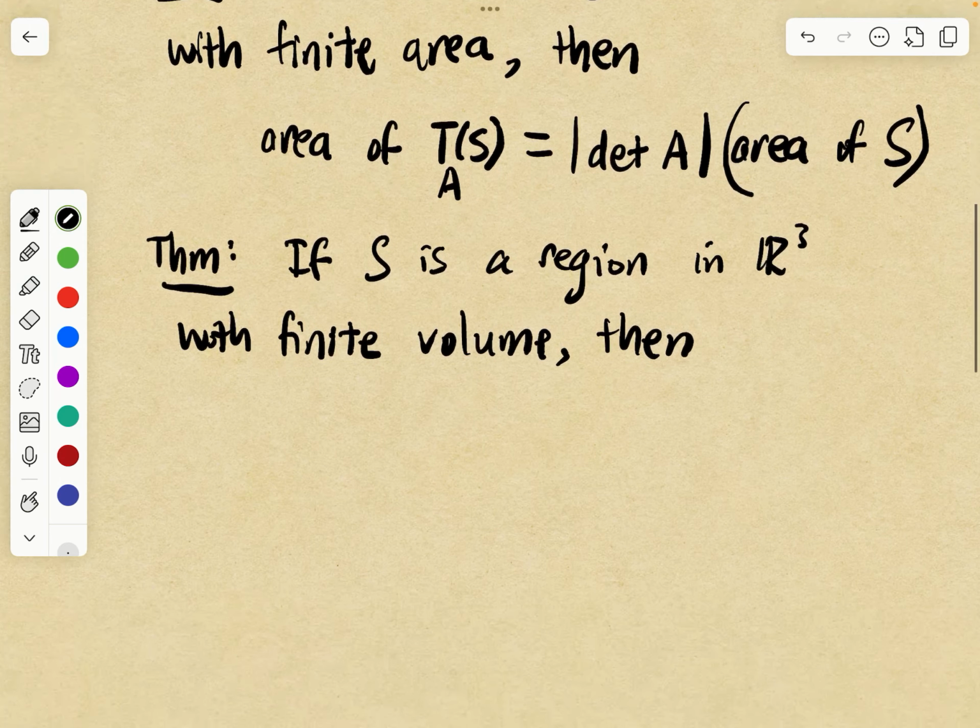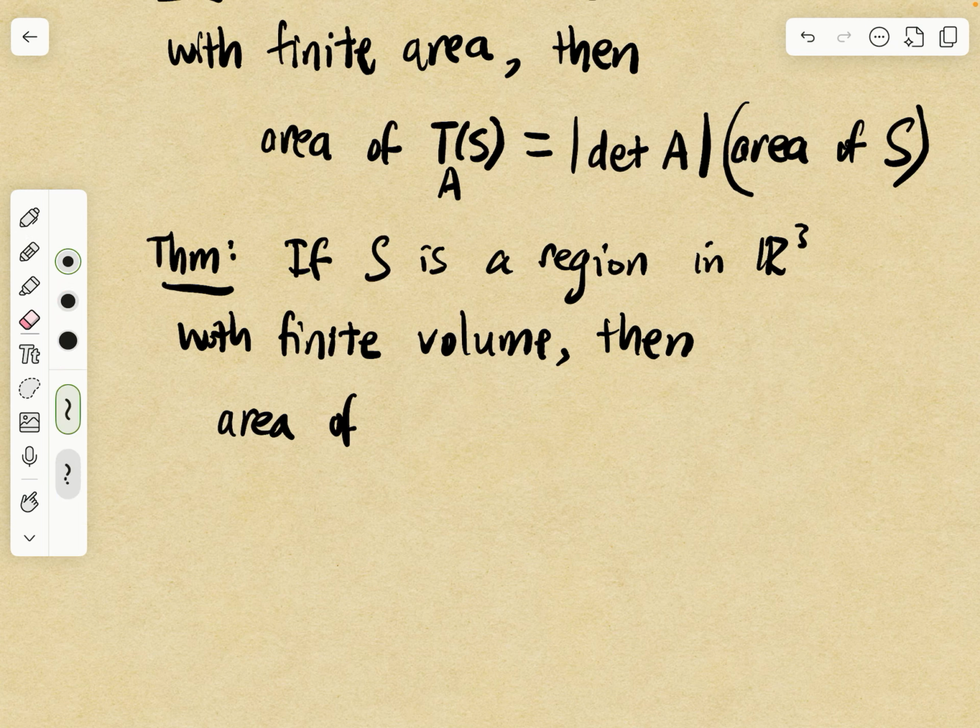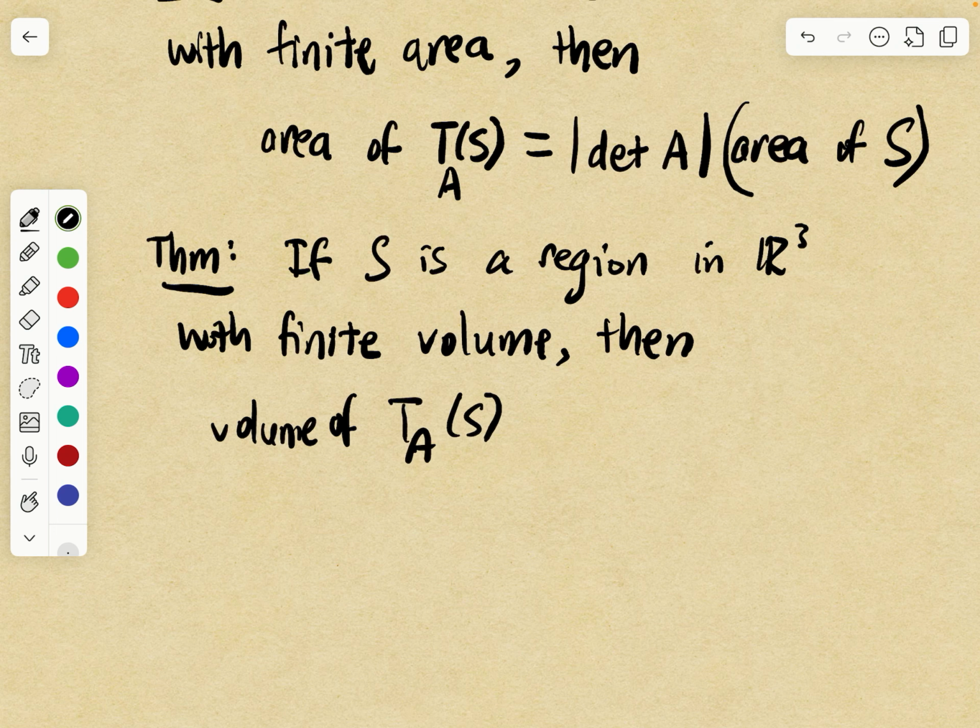Then when I look at the image of S under the linear transformation, not area, it's volume, of T sub A of S is equal to the magnitude of the determinant of A times the volume of S.